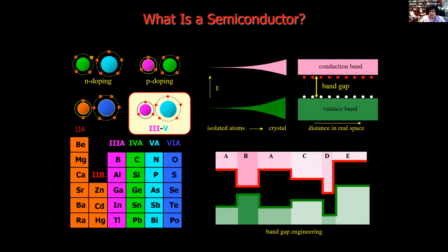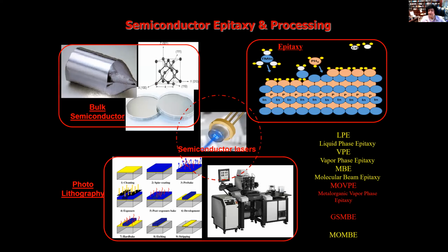So what we do is column 4, column 3-5, or 2-6, but by atomic and gap engineering of these elements, we can make devices that go from deep UV up to terahertz. For that, we need the substrate, we need the epitaxy, the atomic deposition of the different elements, and we need photolithography at the same time in order to make the device.